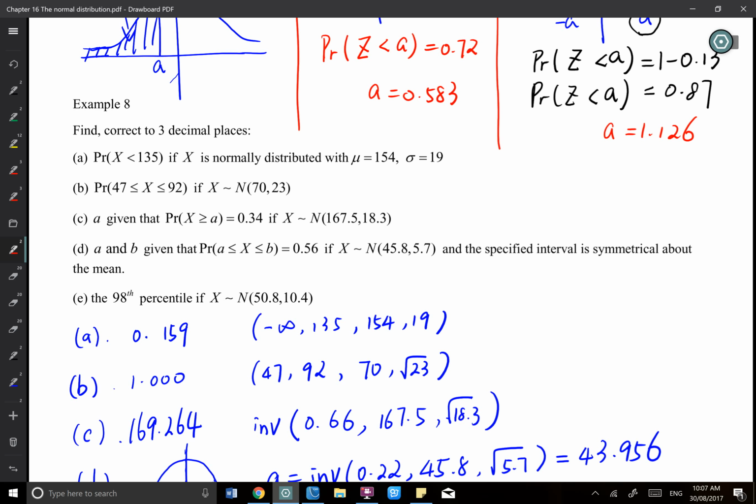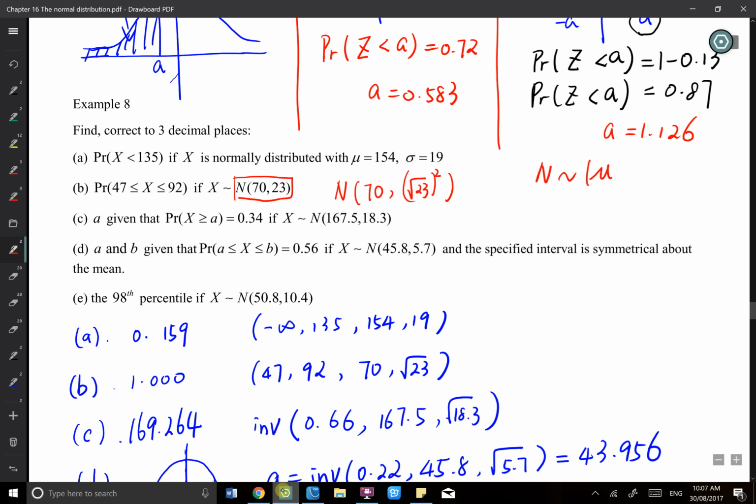One thing to be careful with is this notation. That's N mu, and what you have for the second place is not the standard deviation, it's the variance. So you can say that's N(70, root 23 squared). Remember, it's N mu and standard deviation squared.